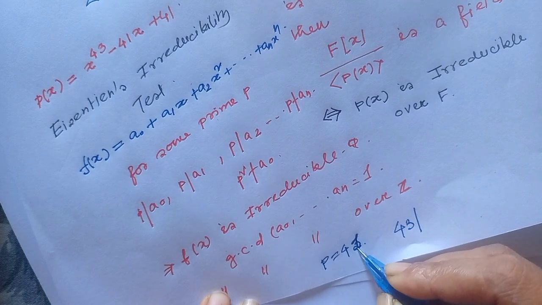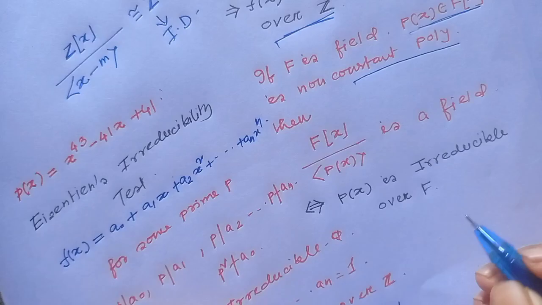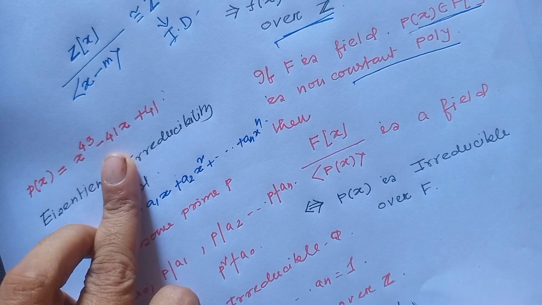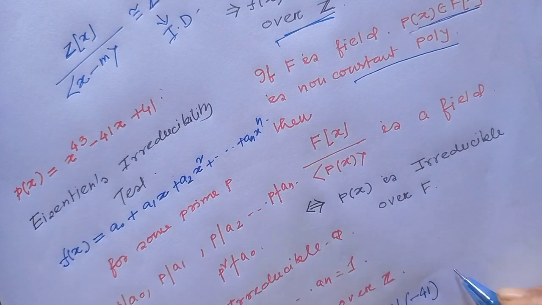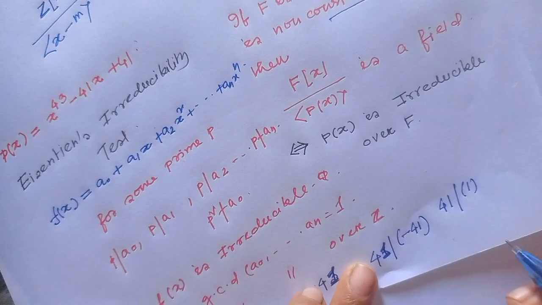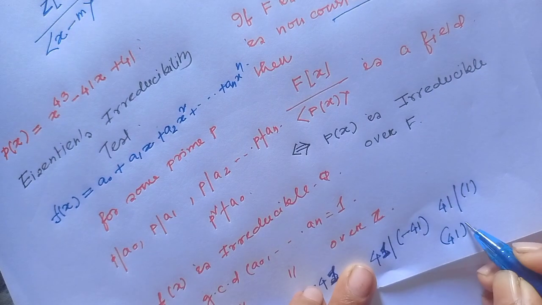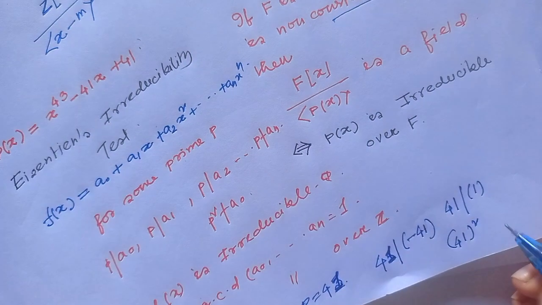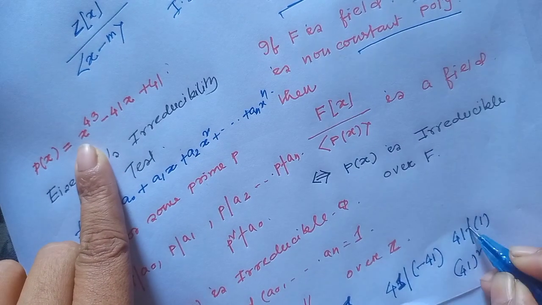Okay. Consider p equals 41, and notice 41 divides minus 41, also 41 divides 1, but 41 squared... sorry, 41 does not divide 1.